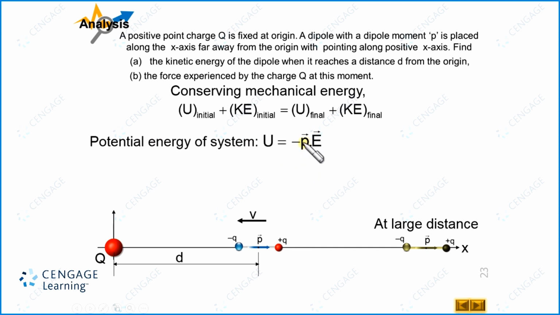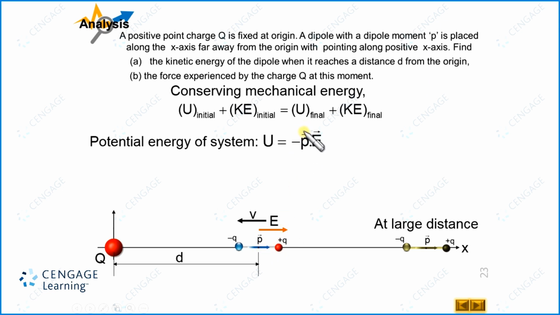P is the dipole moment and E is the electric field at the center of the dipole because of this charged particle. As we know, this charged particle is positive. That means the electric field vector because of this charged particle at the center of the dipole should be in the rightward direction. So this is the E vector. We can observe here that the E vector and P vector are both parallel to each other.